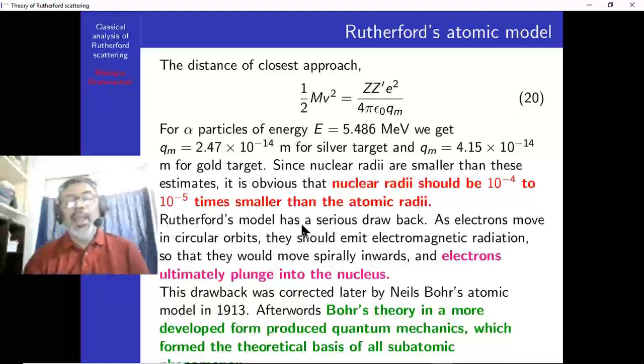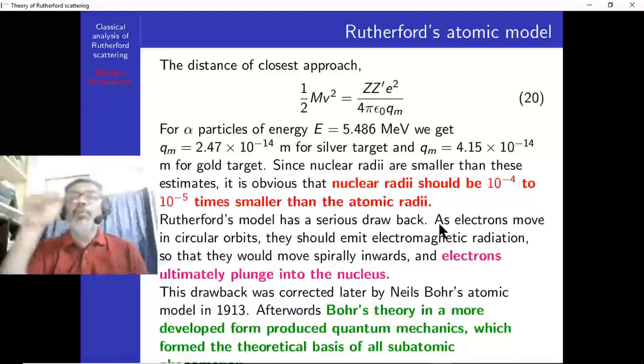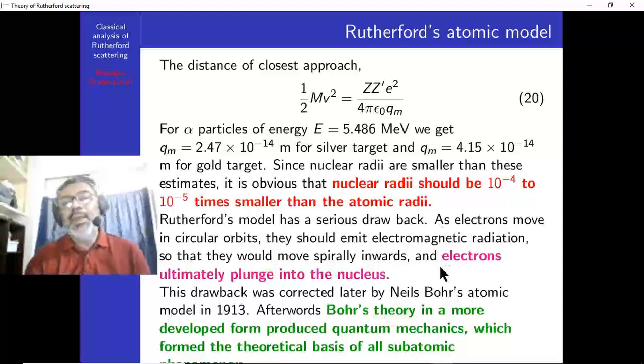Also, Rutherford's model has a serious drawback. The electrons are moving in circular orbits, and when moving in circular orbits, the direction of the velocity is changing, so there is acceleration.